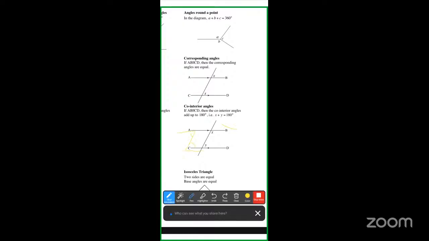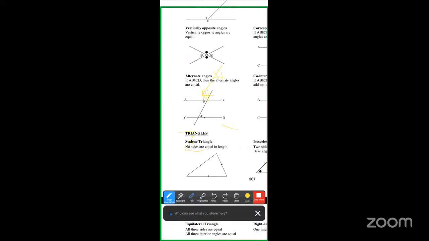With co-interior angles, it's a bit different from corresponding angles and alternate angles, because with corresponding angles, we had this F shape, whereby this angle was equal to that angle. And this angle right here is equal to this angle right here. Same applies with alternate angles.